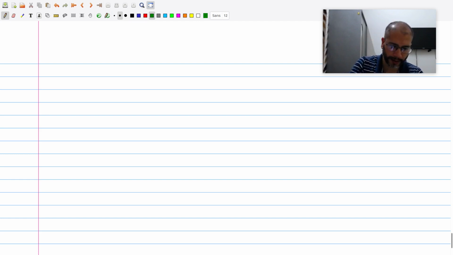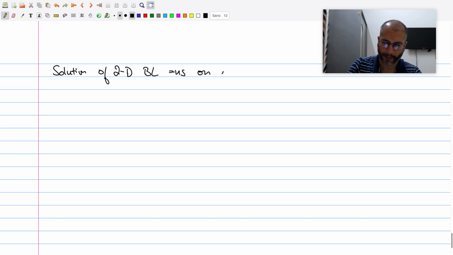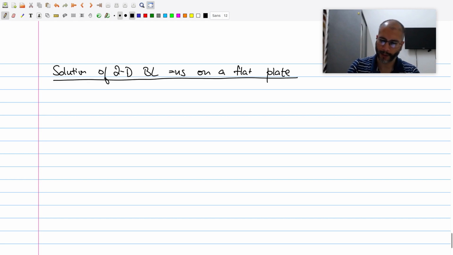Okay, so this will be the solution of 2D boundary layer equations on a flat plate. Now what happens in a flat plate is that dP by dx is 0.